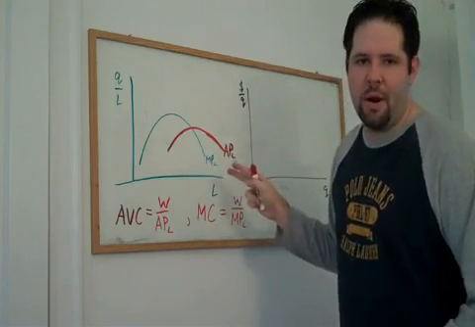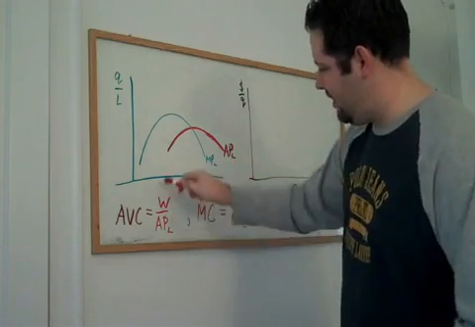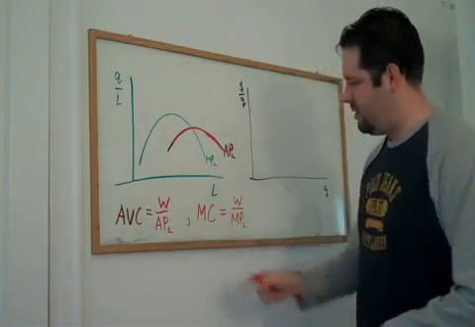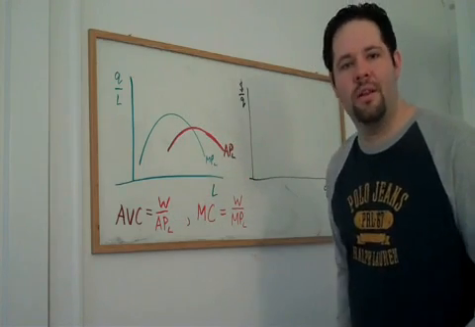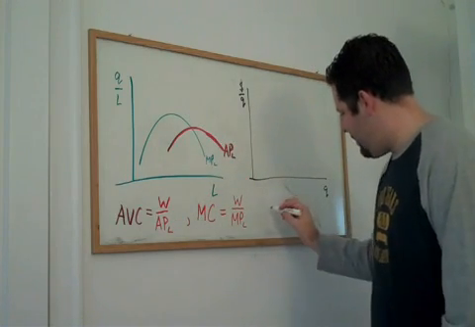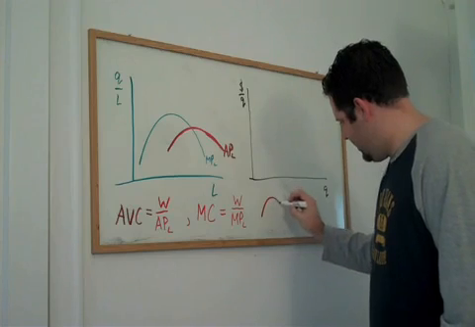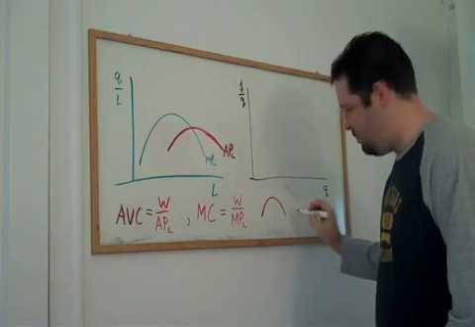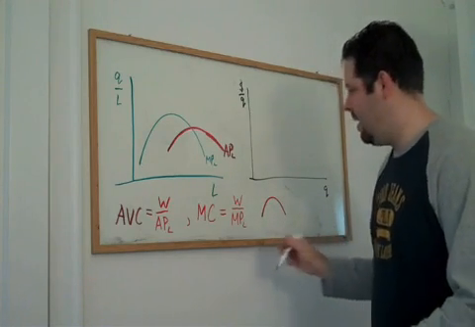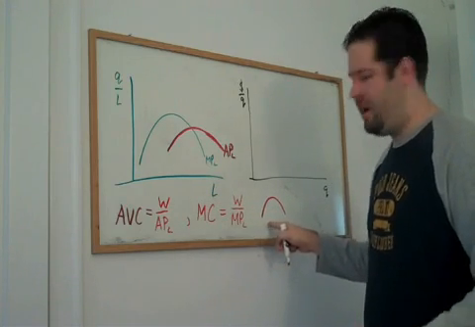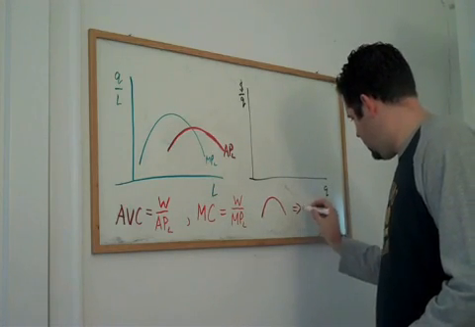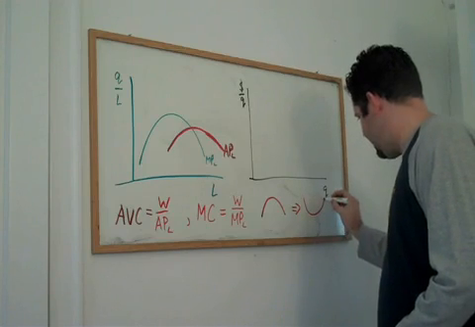Same goes for average product. So notice that with this equation, the numbers we're inputting are in the denominator, and because we're dividing the same number by these numbers, we're going to get something that looks like this.